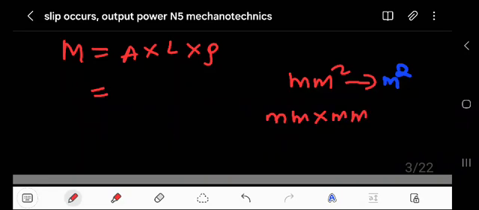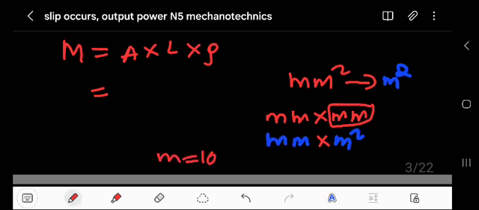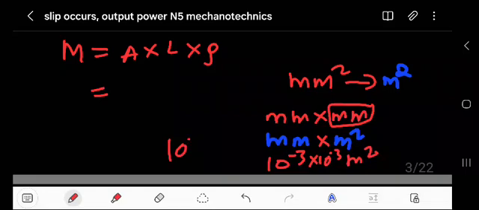We know a millimeter is 10 to the power of negative 3 meter, but you have two of them, so 10 to the minus 3 multiplied by 10 to the minus 3 meter squared. By the laws of exponents, this is the same as 10 to the minus 6.